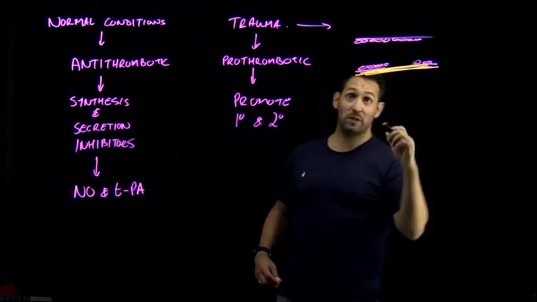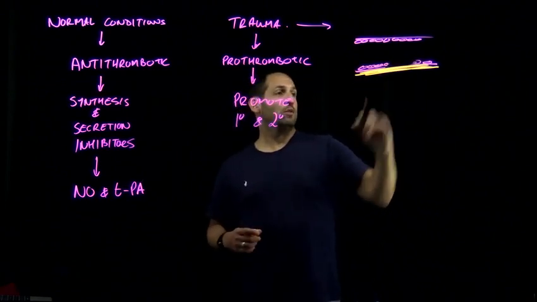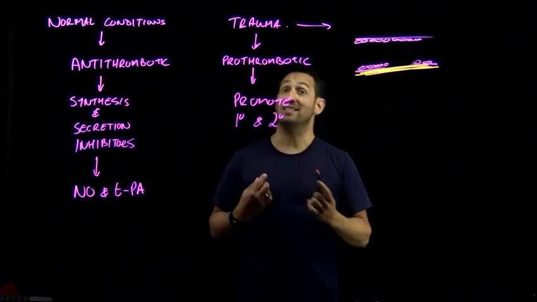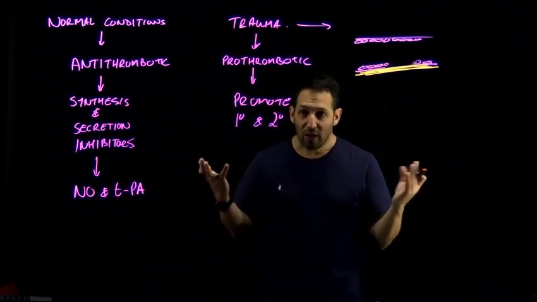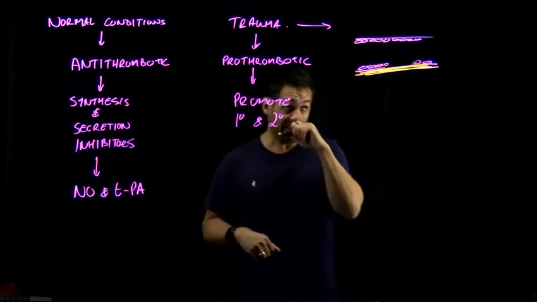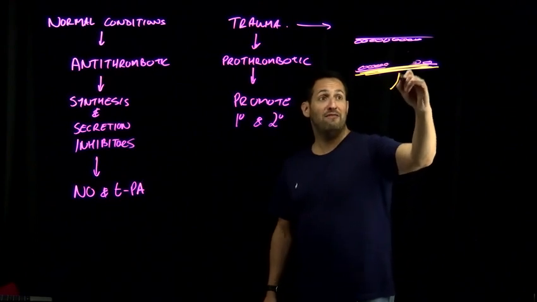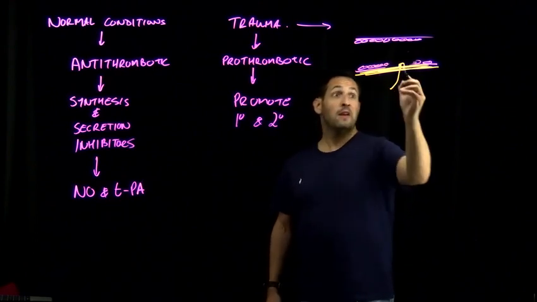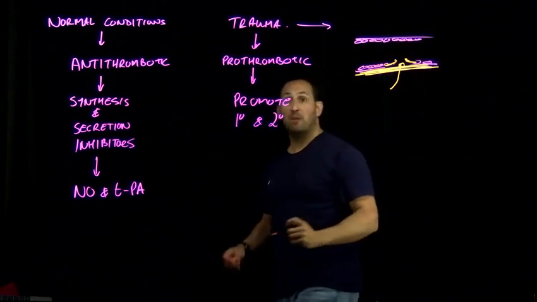So it exposes the tunica intima, the tunica media, and all of those lovely things that sit inside there. Well, what is that? I'll tell you all about it when the time comes. But for now, what you need to know is that everything that is going to be coming through there, and indeed out of these cells that are also damaged, all of those things are prothrombotic.